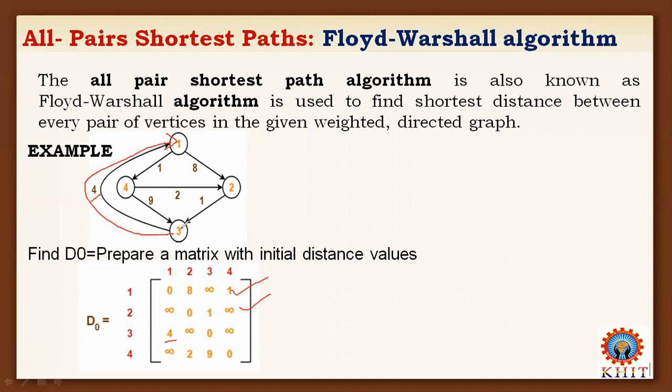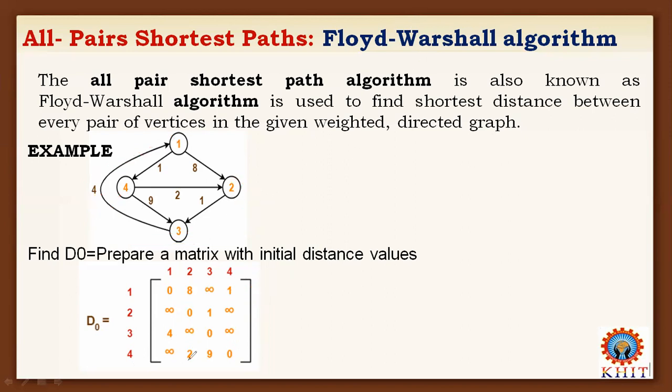Vertex 3 to vertex 2, there is no direct path, that's why you can consider it as infinity. And vertex 3 to vertex 4, there is no direct path, that's why you can consider the path as infinity. So the third row is also completed.